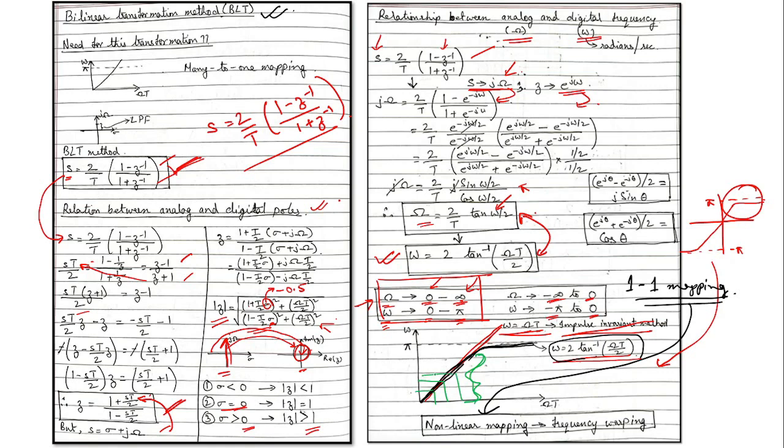However, as you go towards the higher digital frequency components, these frequency components are getting compressed within the frequency axis. This phenomenon of the compression of the frequency components within a small region of the digital domain is regarded as the frequency warping. It is regarded as the frequency warping.